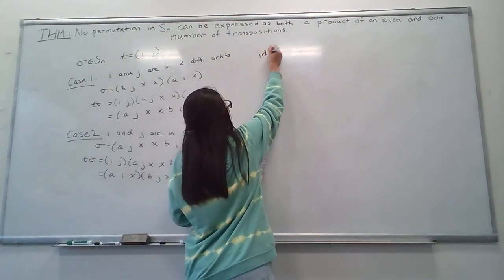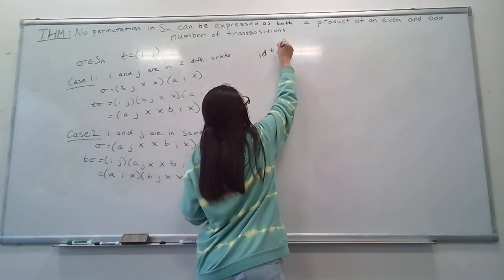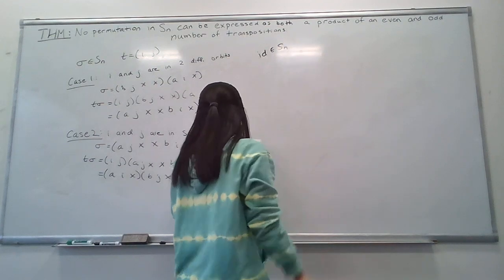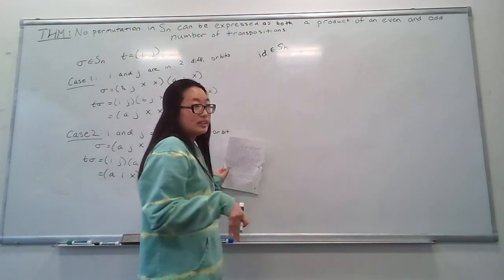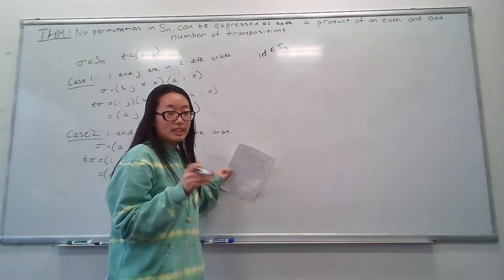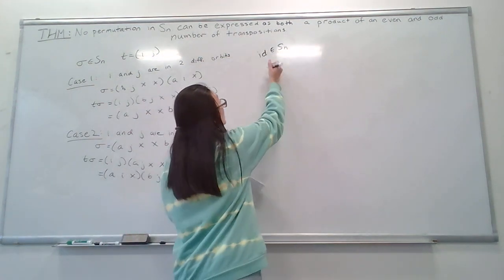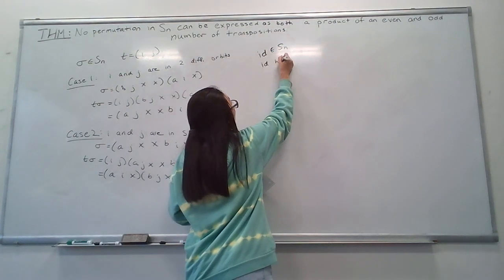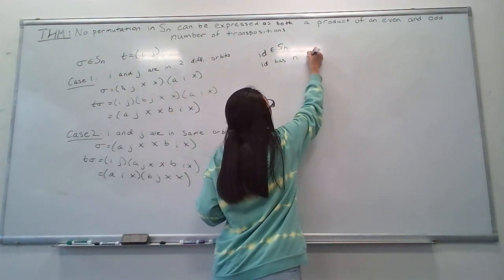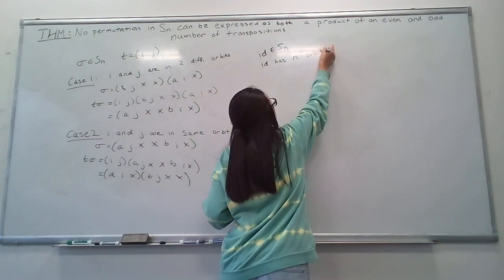So now, again, we will look at the identity permutation in Sn. And as we said before, the elements in the identity permutation are each in their own orbit. So this identity permutation has n orbits.